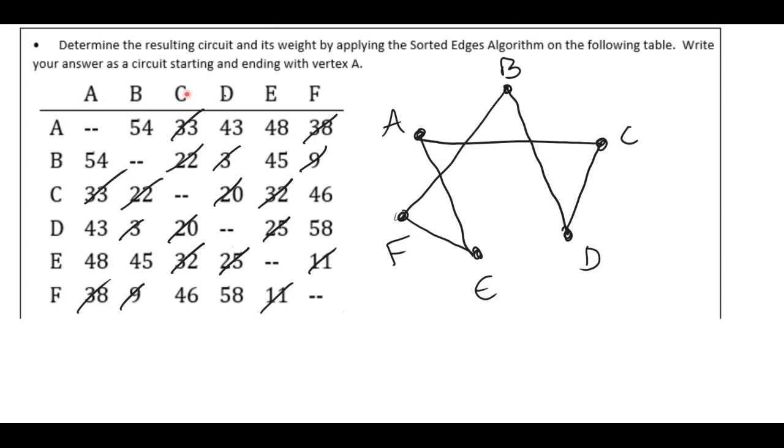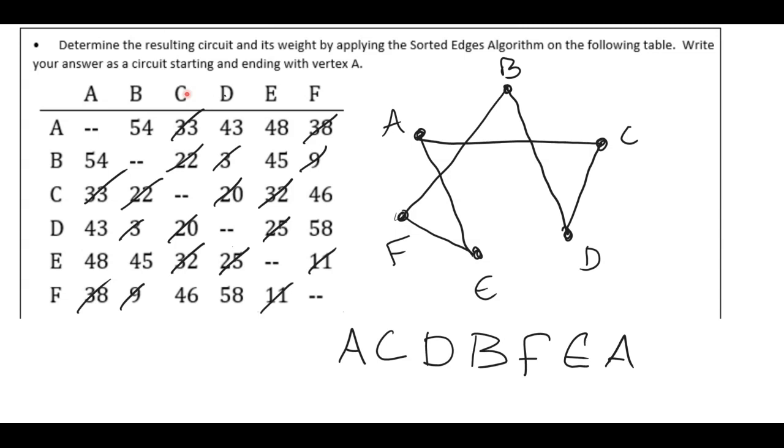We want to write the circuit starting with A, ending with A. I'm going to do alphabetical order, so I'll do A and then C, and then finish it off D, B, F, E, A. It says determine its weight as well.